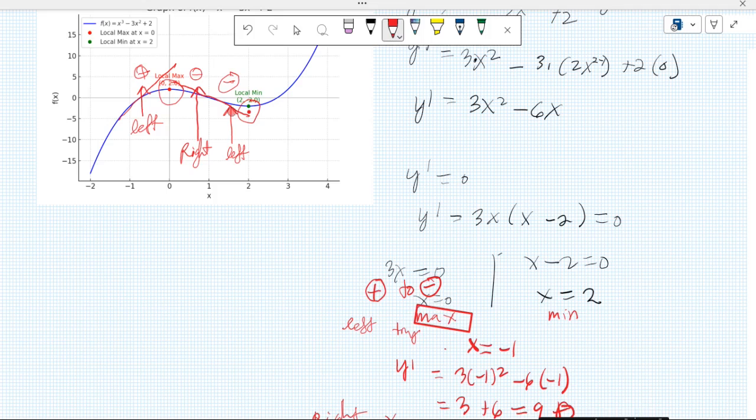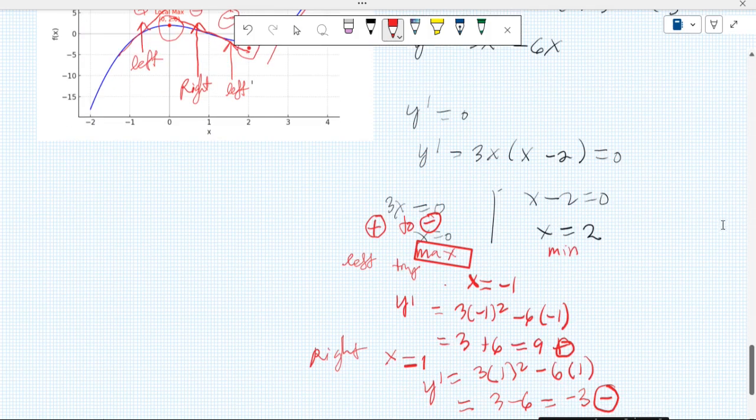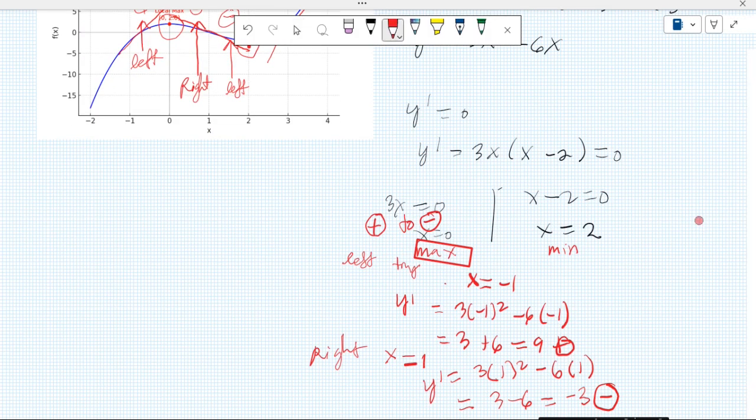Let's examine to the right of 2. So let's agree again on the value. Let's try 3.